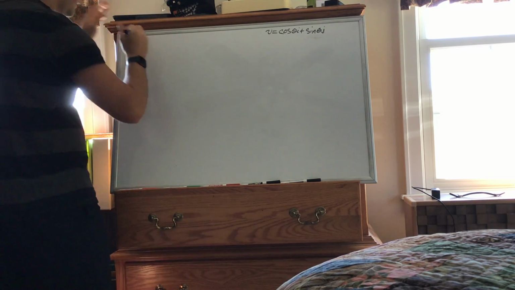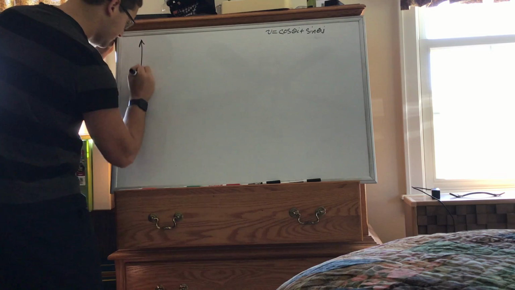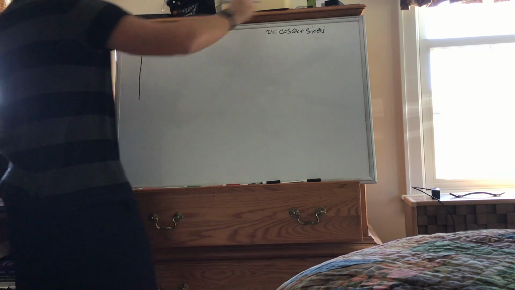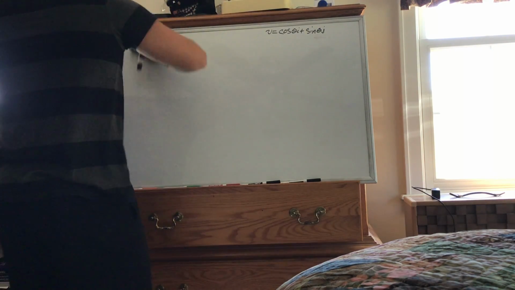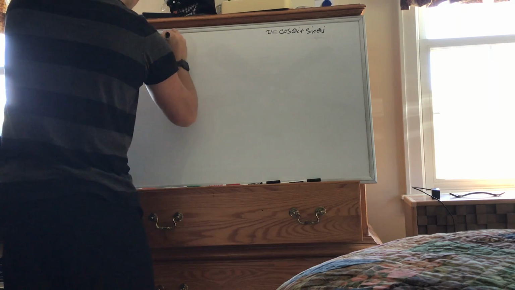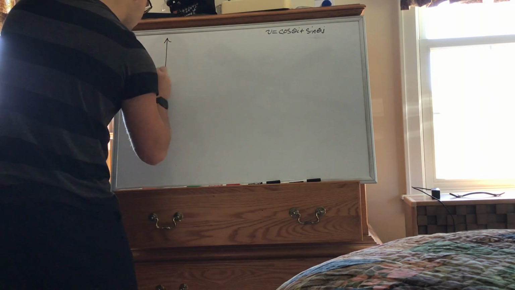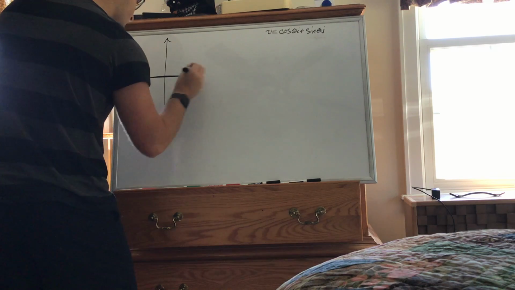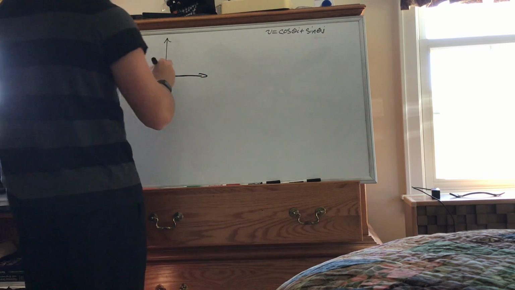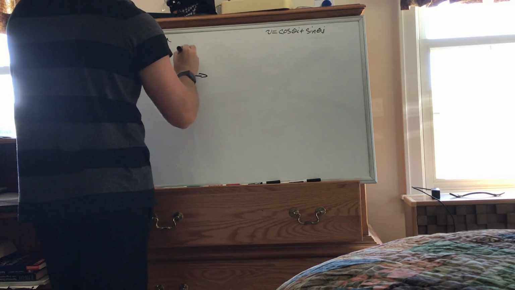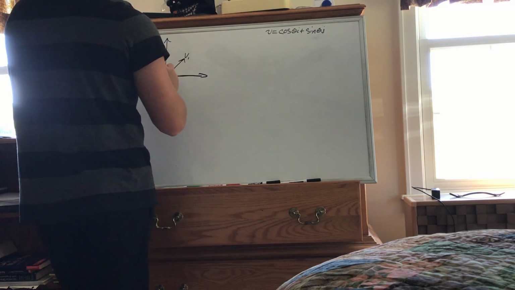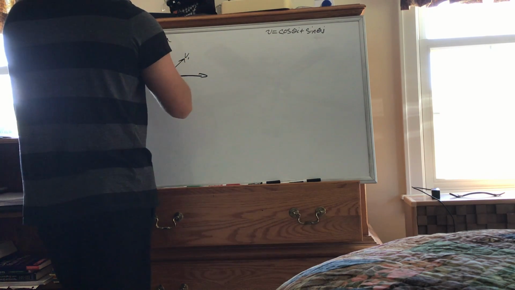So here's our graph. We're going to have one vector going off in this direction, call it v1, then another vector going off in this direction, we'll call it v2.